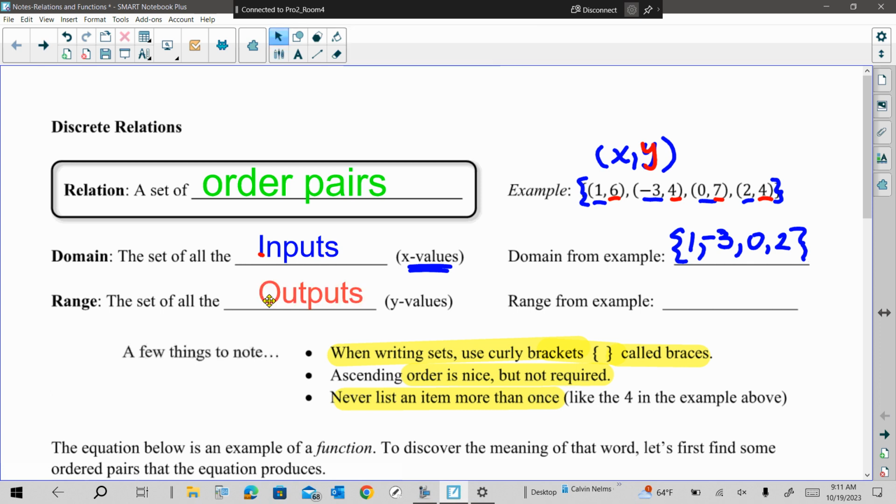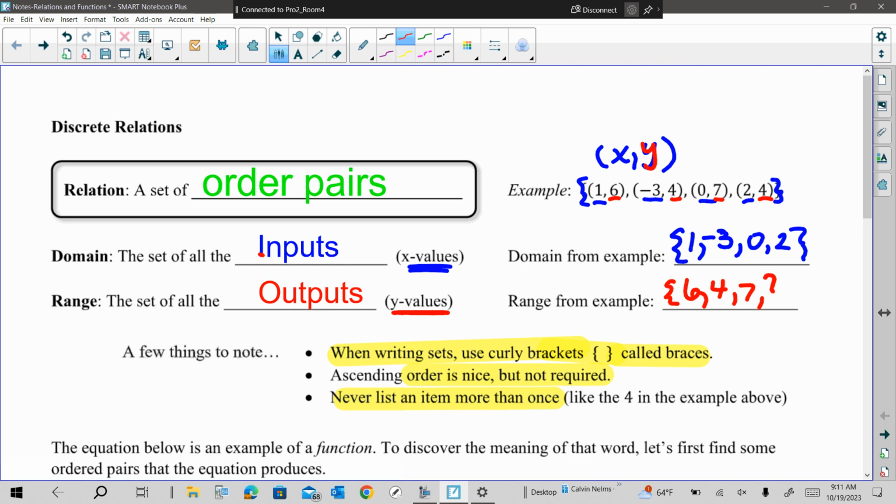Your range are the outputs. Set of the output values, which is the Y values. So if I'm looking at my example of ordered pairs, the range should be 6, 4, 7. And we don't have to say the 4 again because we already wrote it after the 6.